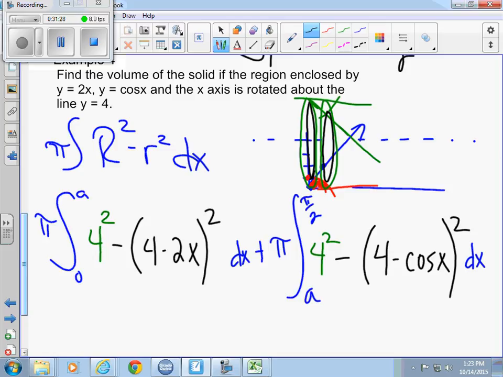And there it is. The answer? The interval. That's fine.